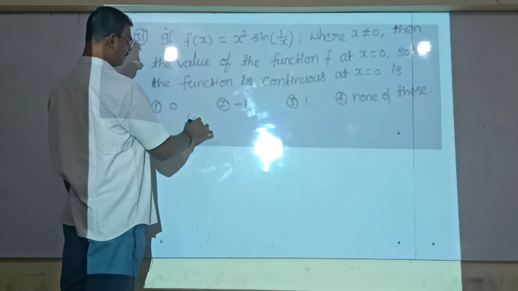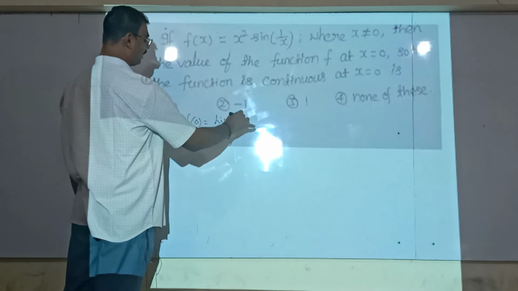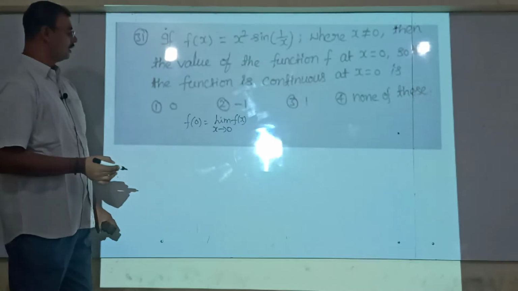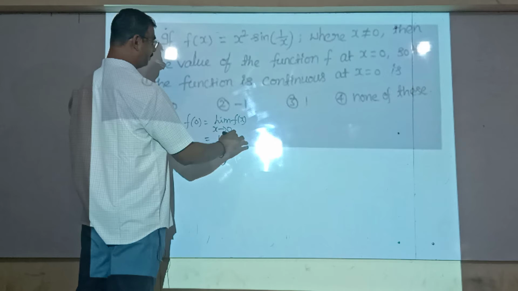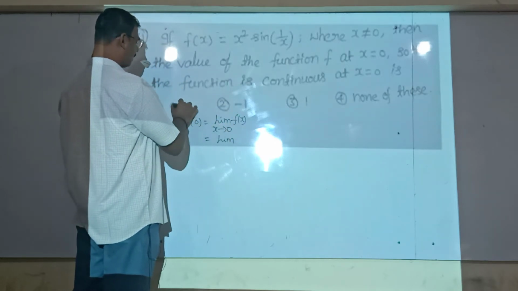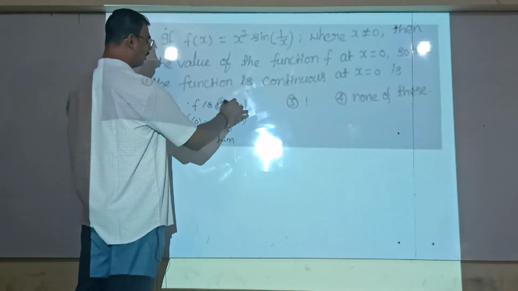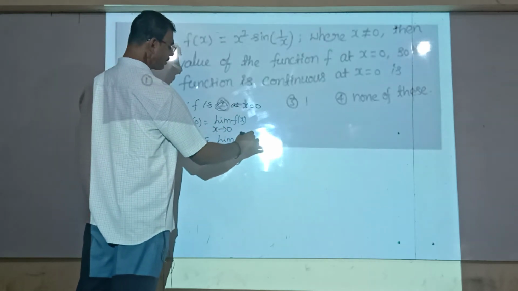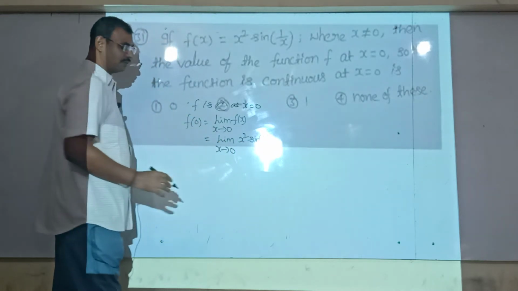So f of 0 is equal to the limit of f of x as x approaches 0, since it is continuous. Since according to the problem f is continuous at x equal to 0, the f of x value is x square into sin of 1 divided by x as x tends to 0.